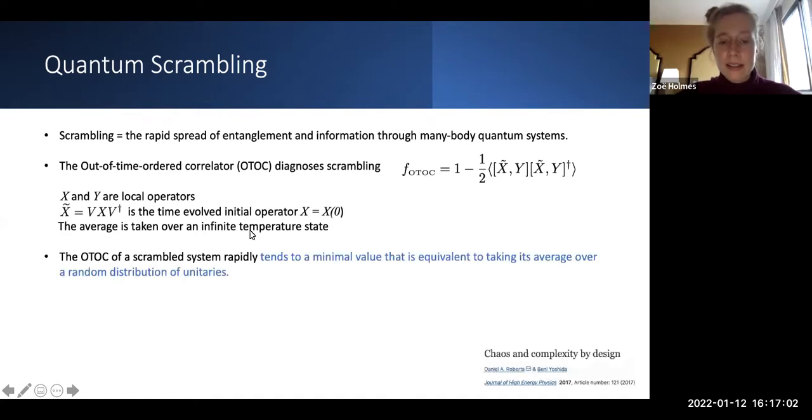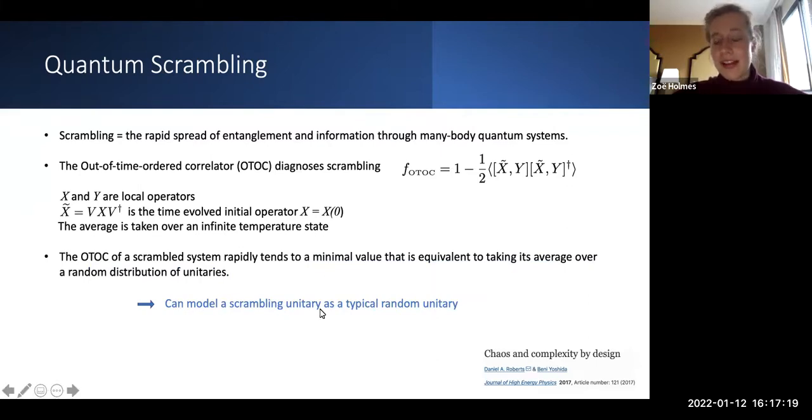Or more concretely, as recognized by a number of people, but I think argued especially nicely in this paper: the OTOC of a scrambling system rapidly tends to a minimal value that is equivalent to taking its average over a random distribution of unitaries. And that means that we can model a scrambling unitary just as a typical random unitary. Or actually, more precisely, you'll note that this function only involves 2 copies of V, one for this X tilde, one for that X tilde.